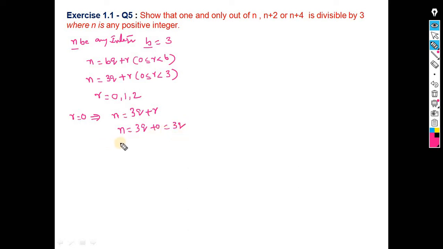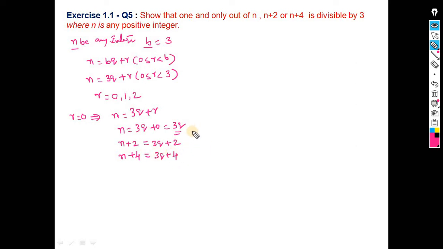The next value is n plus 2, and I have substituted n value as 3q and then plus 2, that is 3q plus 2. And the next one is n plus 4, that is 3q plus 4.